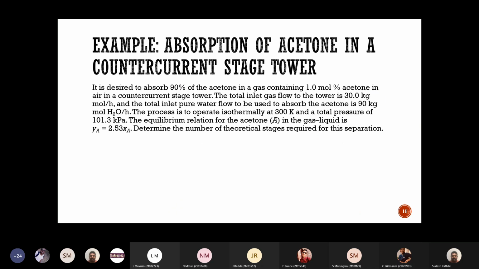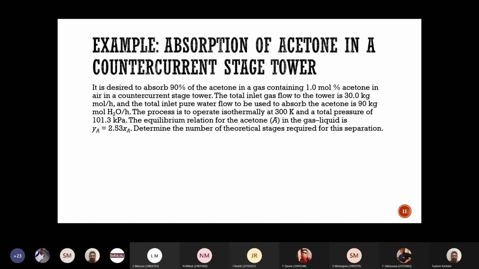With no questions, let's attempt this problem. You've got absorption of acetone in a countercurrent stage tower. Let's read the question. That's our first step in problem solving. It is desired to absorb 90% of acetone in a gas containing 1 mole percent acetone.